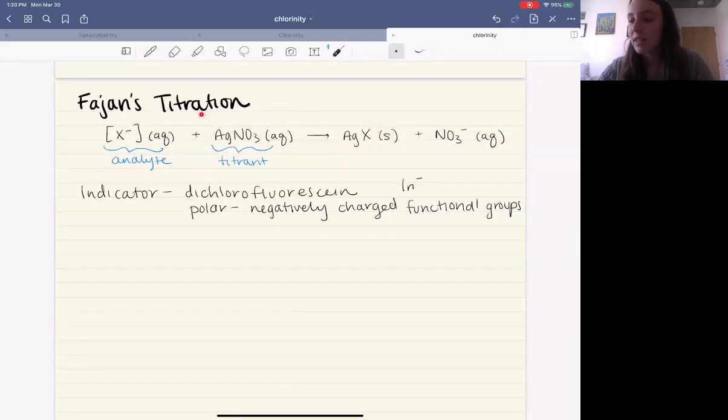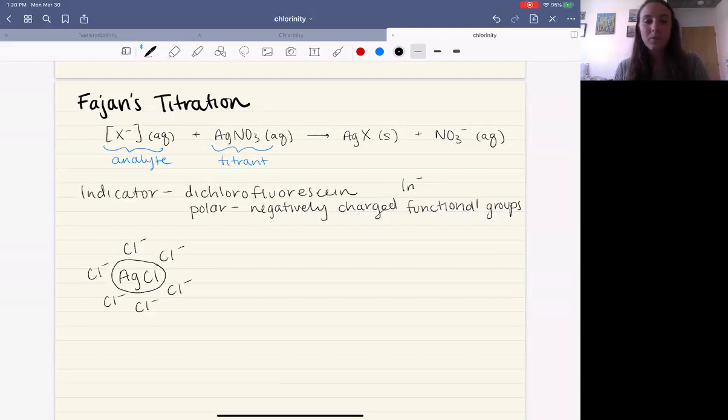So let's say, for example, there's a chloride and it reacts with that titrant and we form silver chloride, AgCl. Now, at the beginning of this titration, there is a lot of halide ions, just excess. They haven't been reacted with yet. So we're just going to have a couple of those floating around. Okay, so this is what it looks like at the beginning.